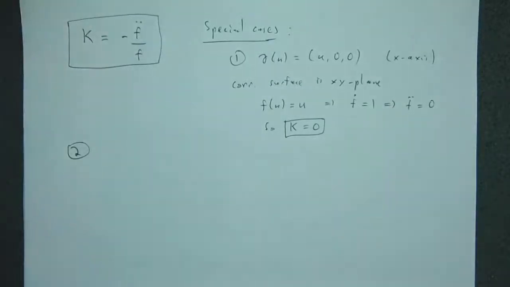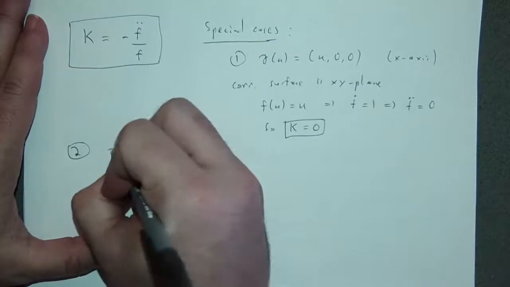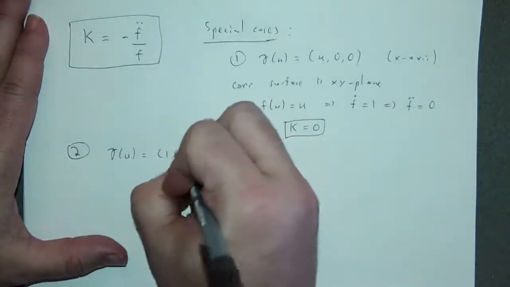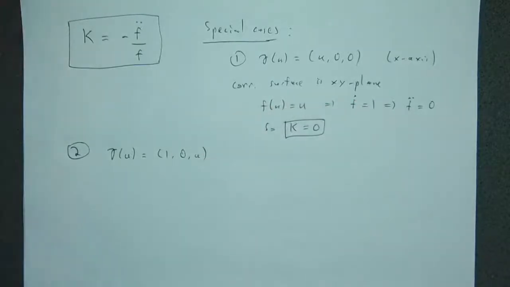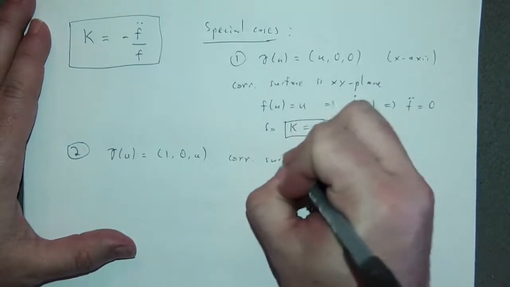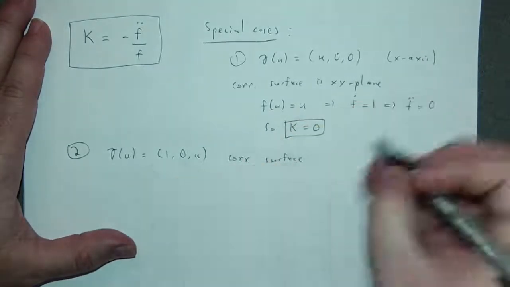All right. What about another special case? So what if I take my profile curve to be, say, 1, 0, u? Okay, what is the corresponding surface here? The corresponding surface is a cylinder. In fact, it's the unit cylinder.